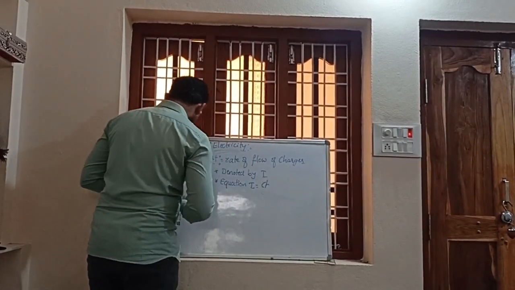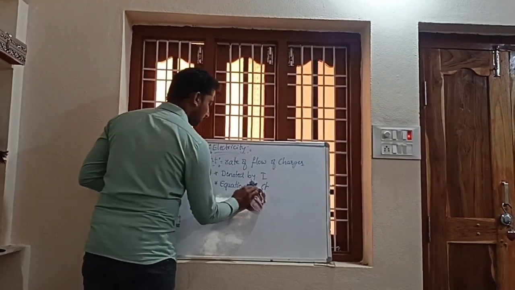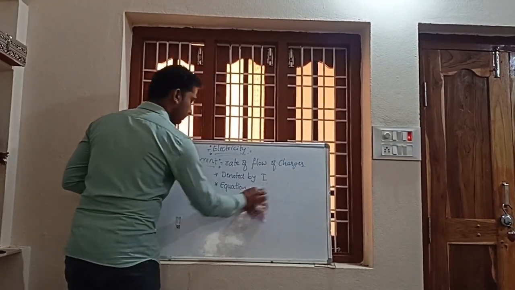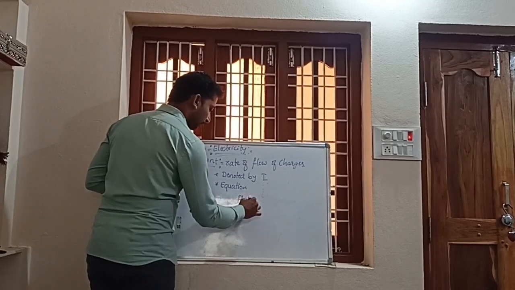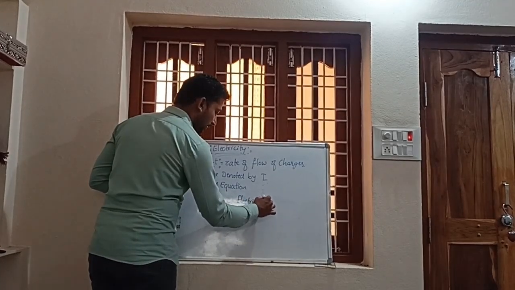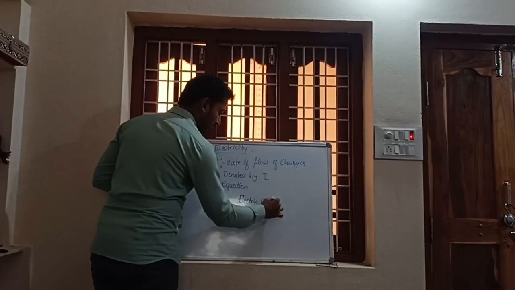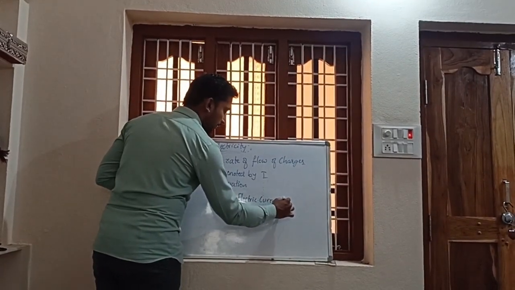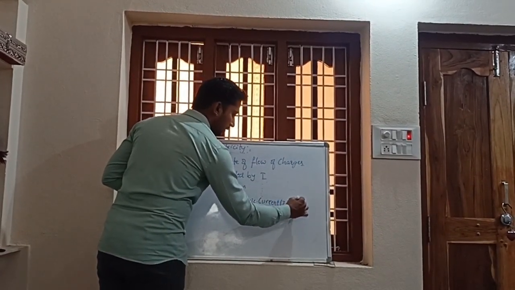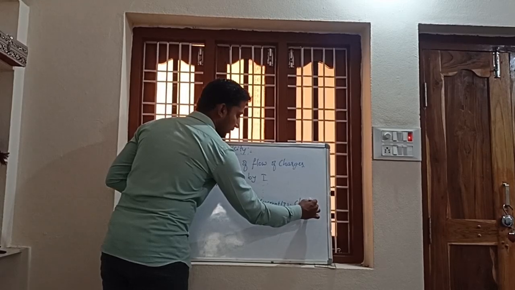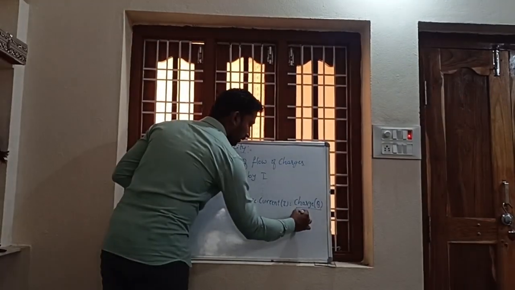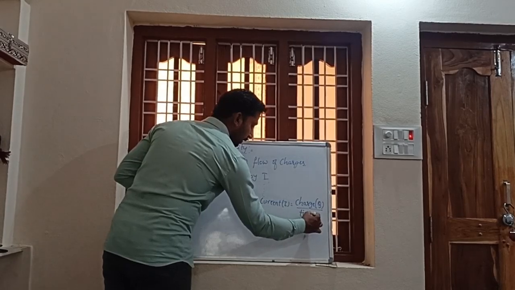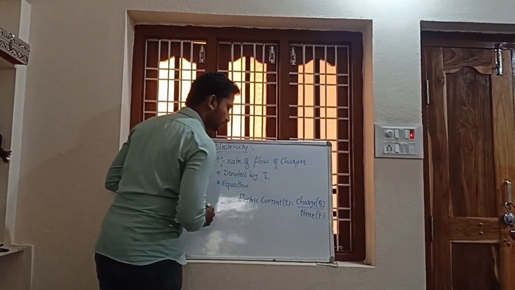Let me write it. The equation: electric current, denoted by I, equals charge, denoted by Q, upon time, denoted by small t.